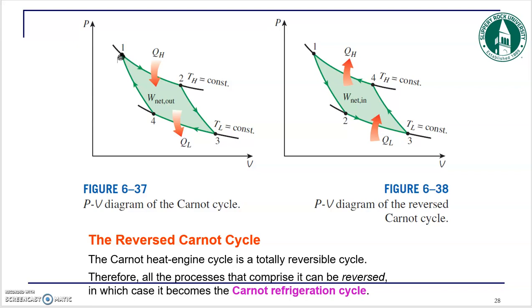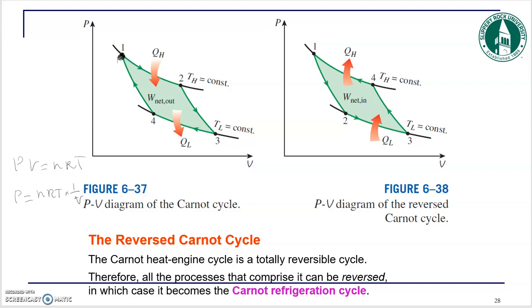Remember that for a constant temperature process, PV equals nRT for a simple gas. So the relationship between pressure and volume is nRT multiplied by 1 over volume. That's this type of curve that you see, a constant temperature process.